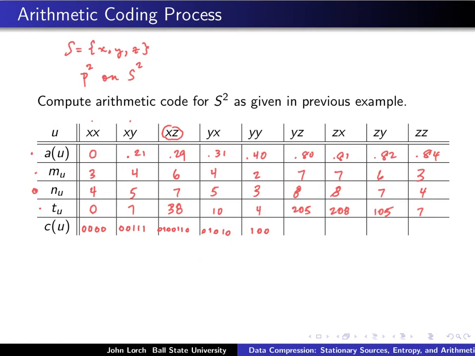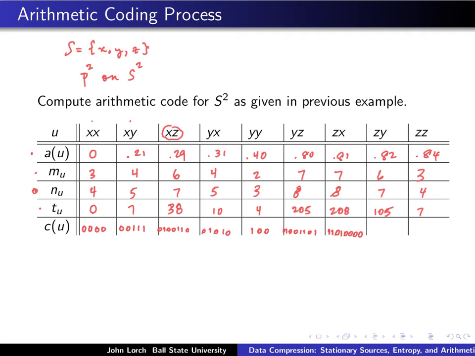Binary representation of 205 of length 8. Okay, so we're going to try and cram this in here. That's 1, 1, 0, 0, 1, 1, 0, 1. Binary representation of 208 of length 8 would be 1, 1, 0, 1, and then 4 zeros.